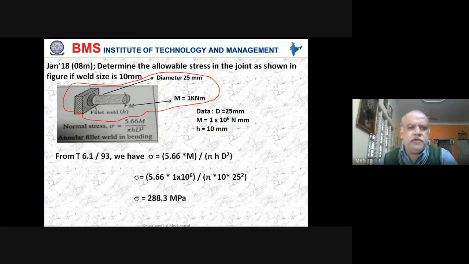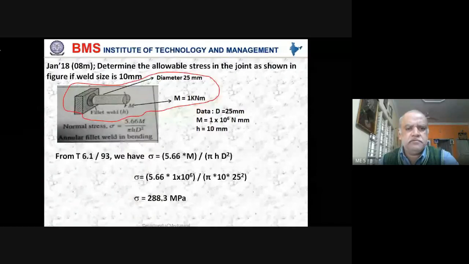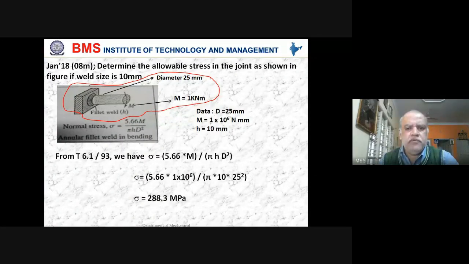Okay, finished with the sketch? Someone should answer back. Yes, sir. So from the given problem, we have diameter D is equal to 25 mm, and the shaft is subjected to a moment of 1 kilonewton meter given in the problem, and the value of weld size is 10 mm.